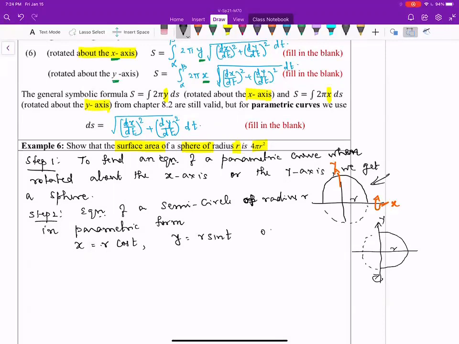If it was a full circle, then t would run from 0 to 2 pi. Because it is a half circle, it runs from 0 to pi.